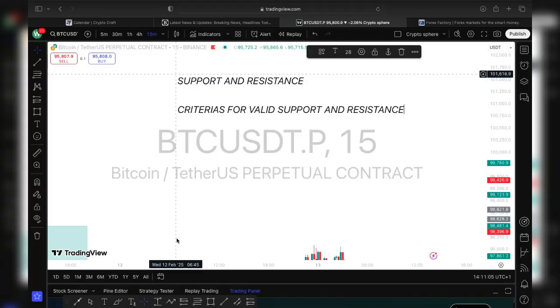To note down now. The first thing you need to know is that for a valid support, it must be very obvious to spot.